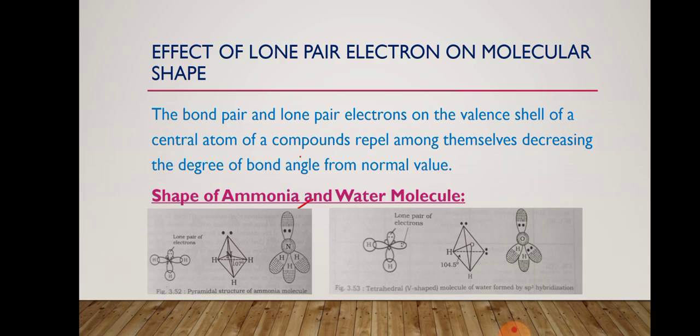The electron pairs in the valence shell which are engaged in bond formation are called bond pair electrons.